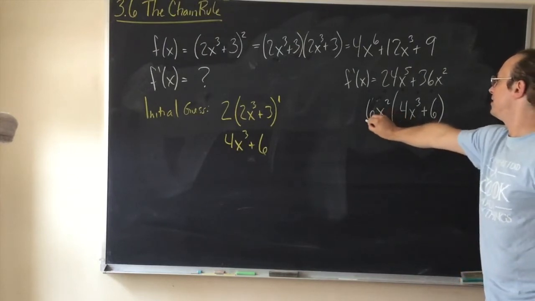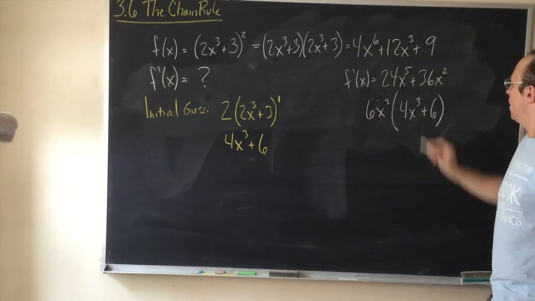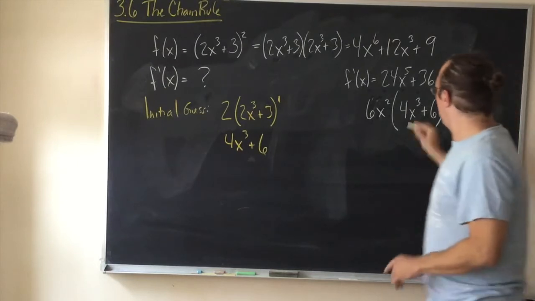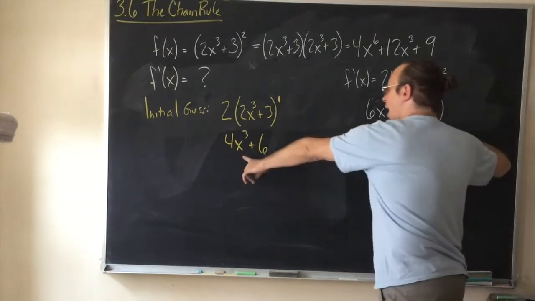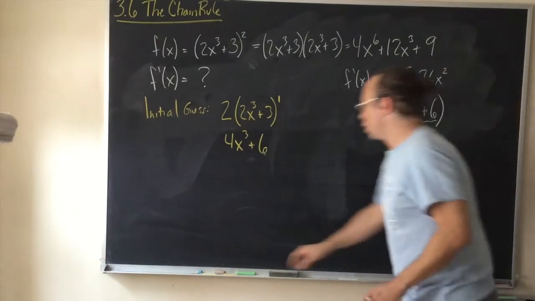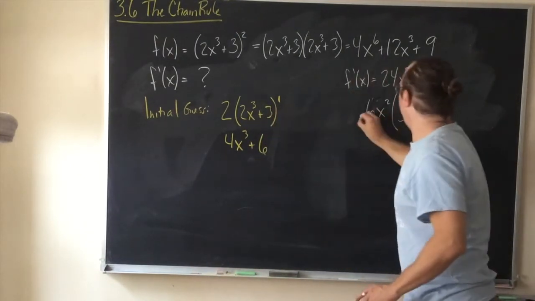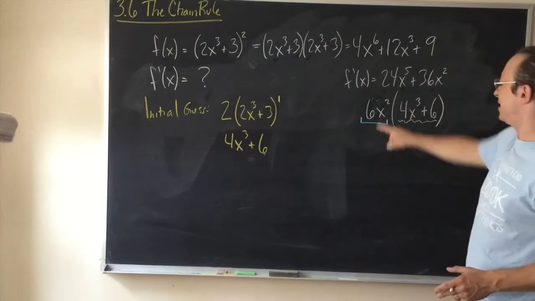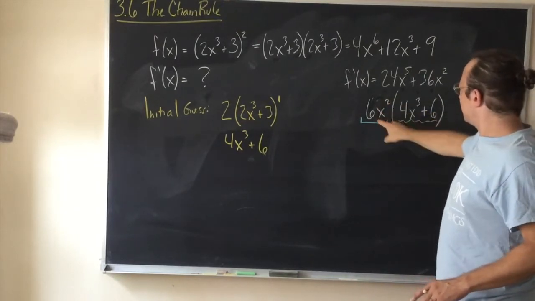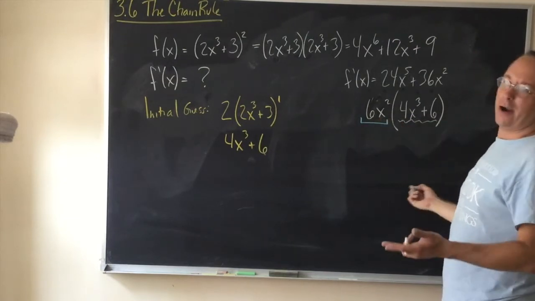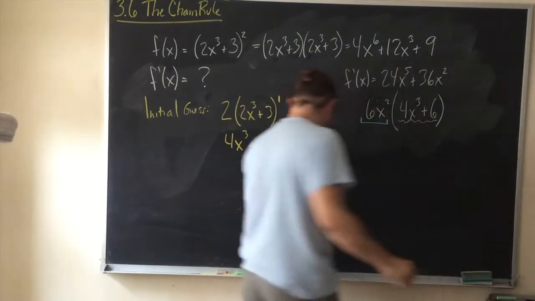So I pulled out a 6x squared out of both these terms, and notice what's inside here is exactly our initial guess. So we need to make up for it by compensating, by multiplying by this. So where on earth, 6x squared, how am I going to find a 6x squared in the original problem?